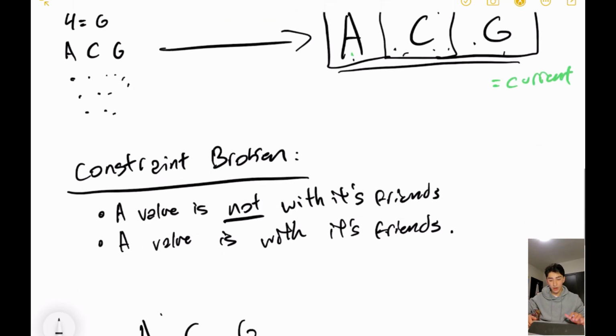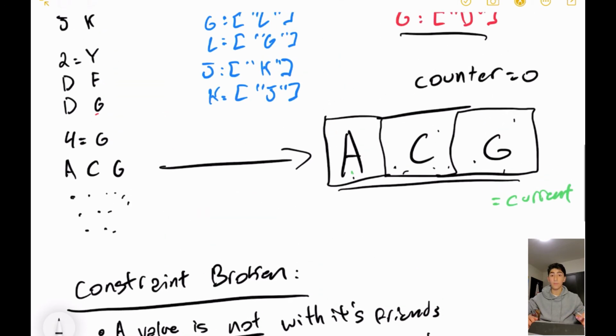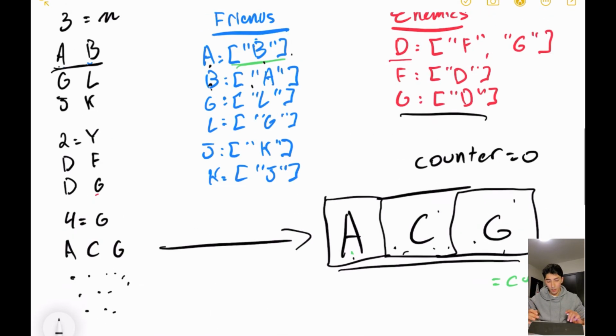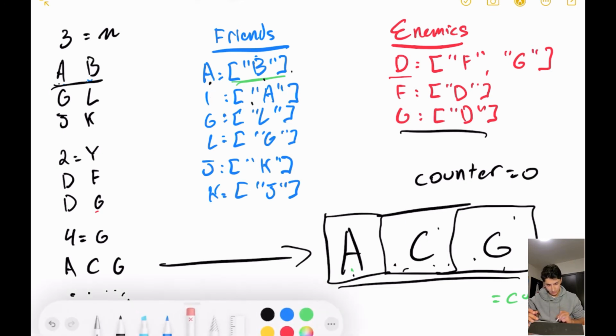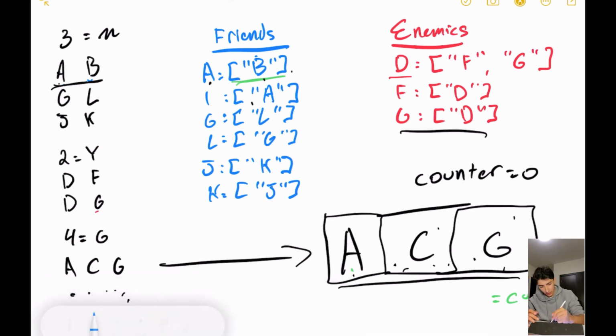So when we're trying to figure out if a value is with its friends or not, we're also gonna eliminate A. If we see that A is not with B, then we're gonna go to B, sorry about that, let's go back, fix that.